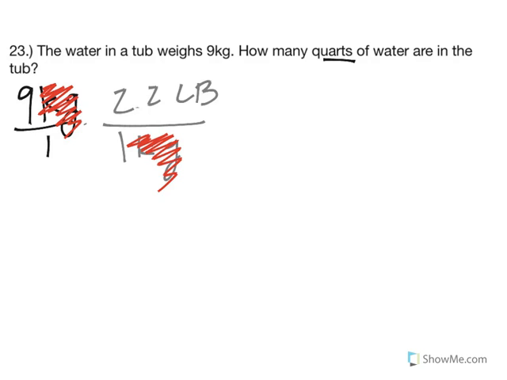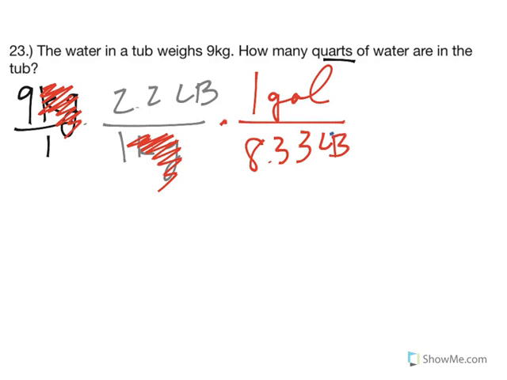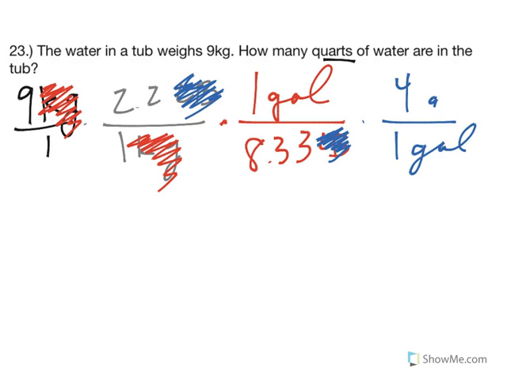Well, pounds and quarts are not necessarily the same, but if we're talking about pounds of water, I can change pounds of water to gallons, right? Because remember that 1 gallon of water is 8.33 pounds. So that will make my pounds go away. And now I'm in gallons, and that's not too bad because 1 gallon is 4 quarts.